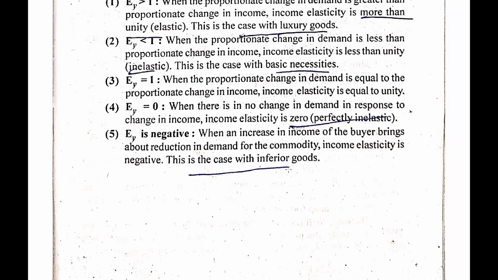I am not able to afford high quality goods. But as my income increased, now I have stopped buying inferior goods and I have started using branded and quality goods. So with the increment in my income, I have stopped buying inferior goods, so the demand for inferior goods will decrease. So there will be negative income elasticity for inferior goods.